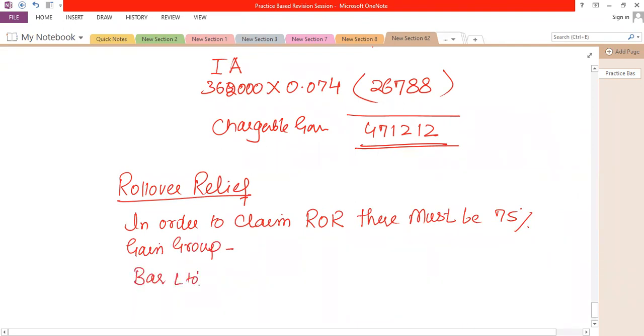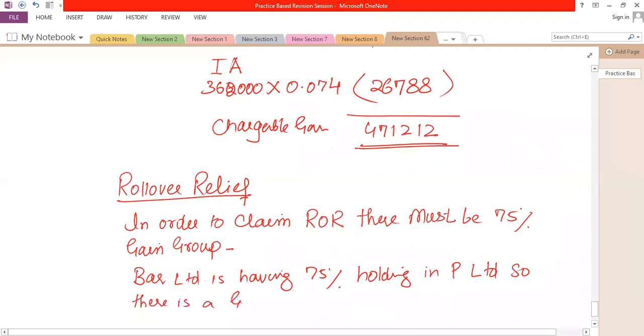Bar Limited is having at least 75% holding in P Limited. So there is a group structure for gain purposes.